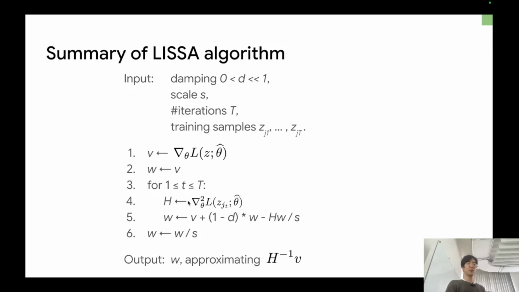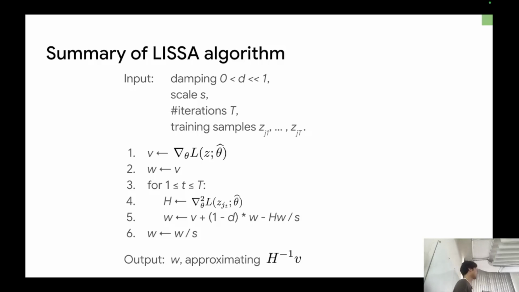For each iteration, we choose one sample, z_jt, for each t, and then get the Hessian for that training sample. Then we do this complicated computation, but that's exactly the recursion formula that we saw before. If you do that multiple times, then w approximates s times H inverse times v. So we scale this down again with s, and then we get an approximation for H inverse v. So that's the LiSSA algorithm.